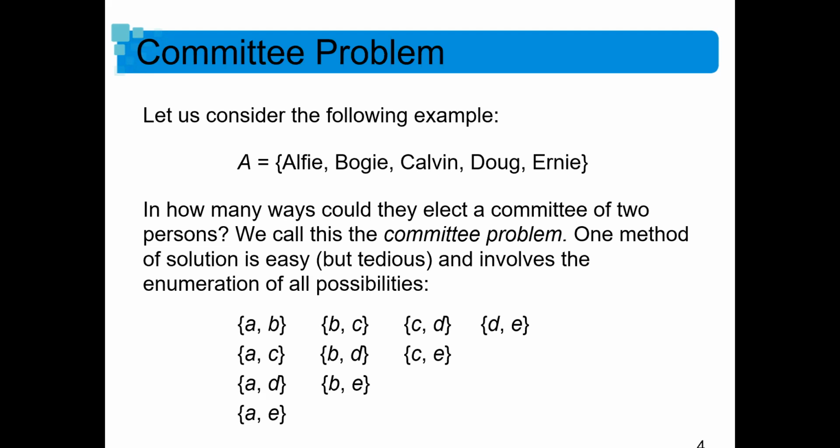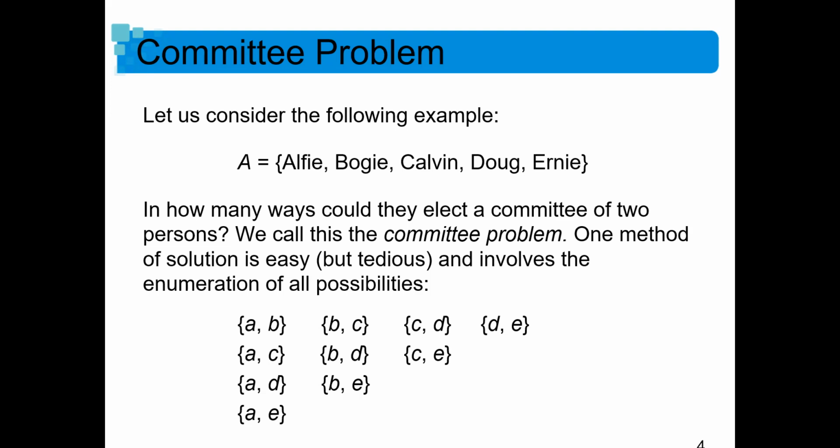One method of solution is easy but tedious, and it involves the enumeration of all possibilities. If you look closely, we have 10 possibilities, 10 combinations. Last time, for permutations, we used parentheses, but this time we use braces to indicate that the order doesn't matter.